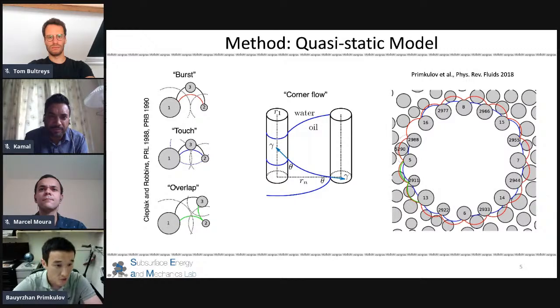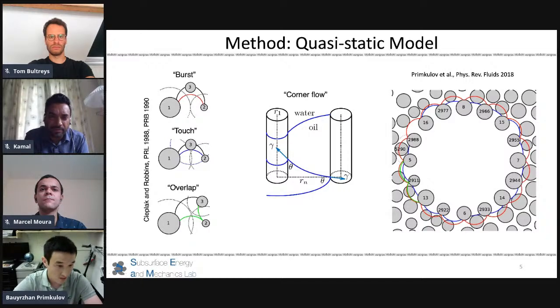They defined burst, touch, and overlap events. What we did slightly differently here is that we realized that for all three events, you could analytically find the critical pressures at which these events would take place.